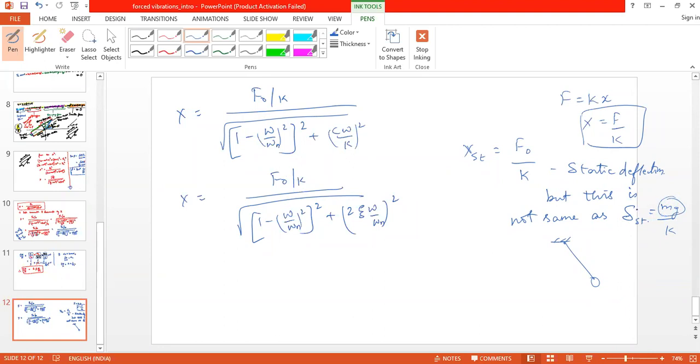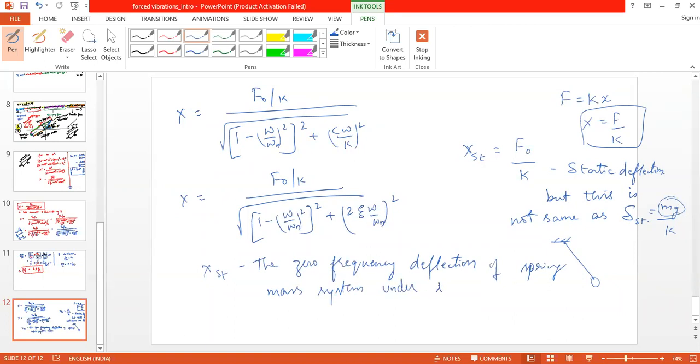But this x_st is not the same as the delta st. x_st is the zero frequency deflection of the spring-mass system under the steady force F naught.